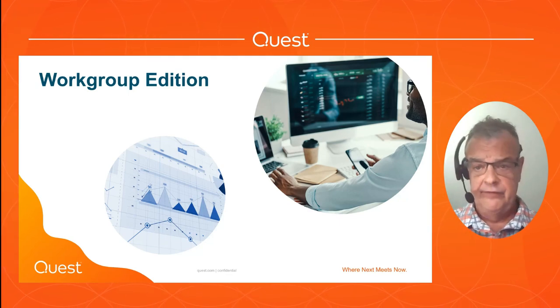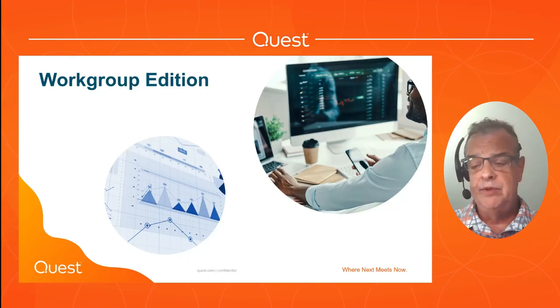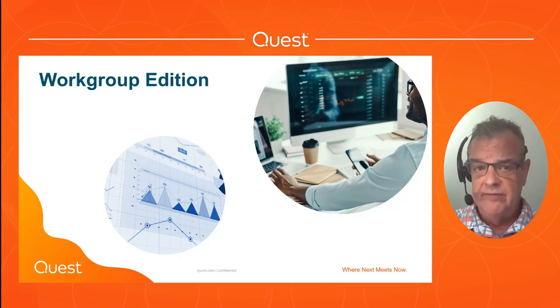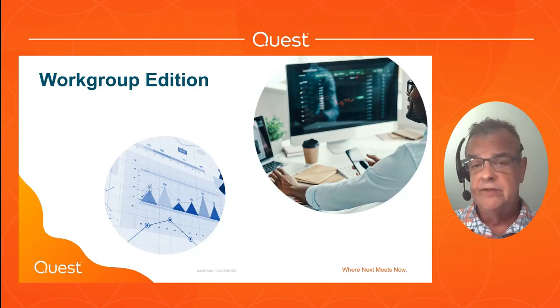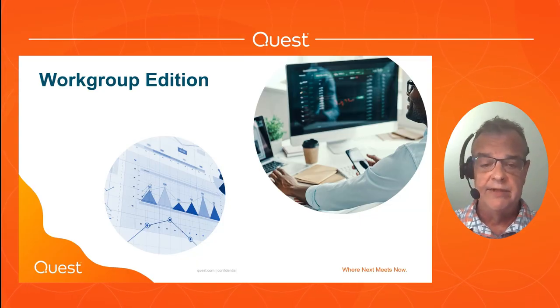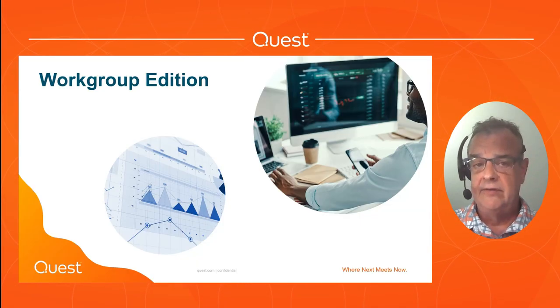All right, now let's talk about the Workgroup Edition. So everything that we've seen up to this point has been revolving around the Standard Edition. The Workgroup Edition doesn't take anything away from the Standard Edition. It's just an enterprise strength version of Standard. Standard Edition works alone. It's single-threaded. Workgroup Edition has a repository where you can do automatic versioning and integrates with Active Directory.